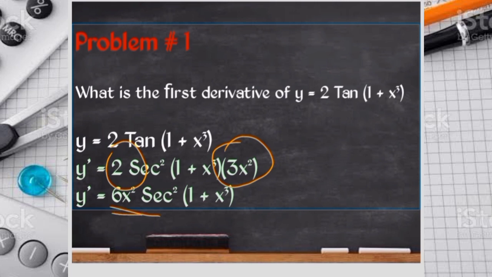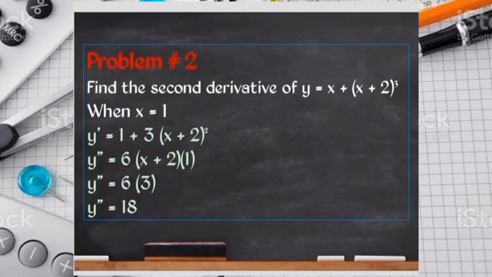Copy the sec squared times (1 plus x cubed). So the first derivative of y equals 2 tan (1 plus x cubed) is y prime equals 6x squared sec squared (1 plus x cubed).